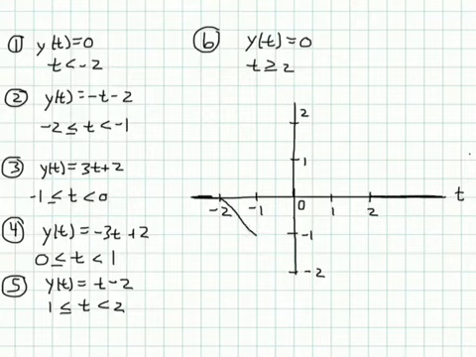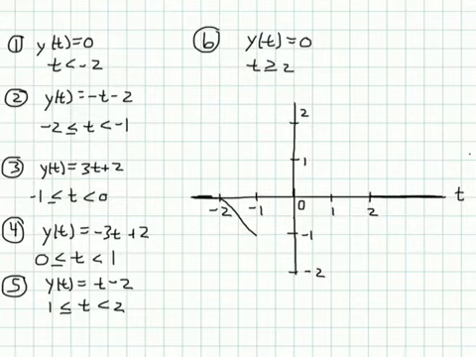Now, if that were valid over the whole region, then we would just continue this line. But it isn't, because in region 3, which is between minus 1 and 0, it changes. Now it's equal to 3t plus 2. So that's a line sloping upward with a slope of 3, and it intersects the y-axis at 2.